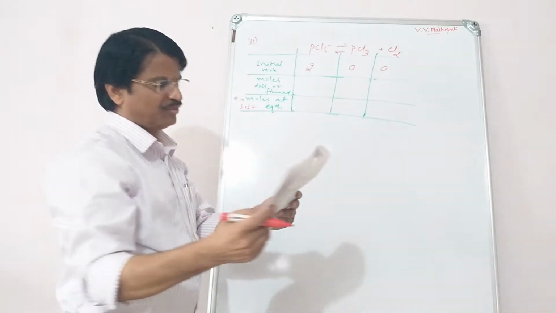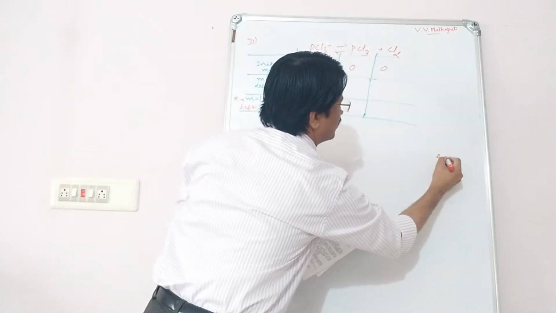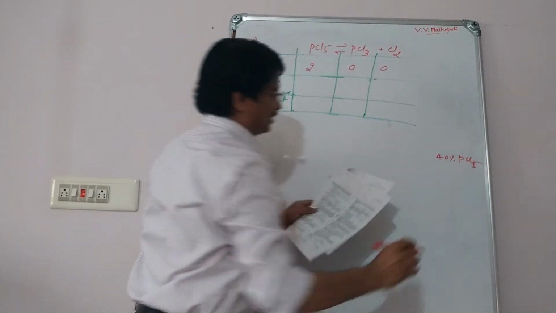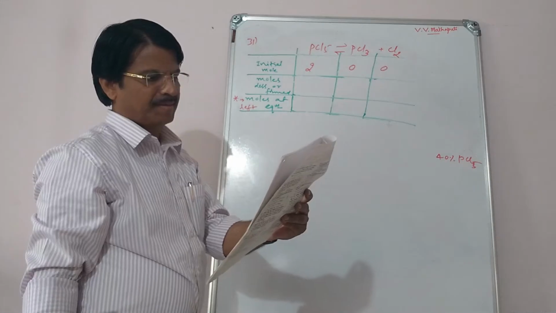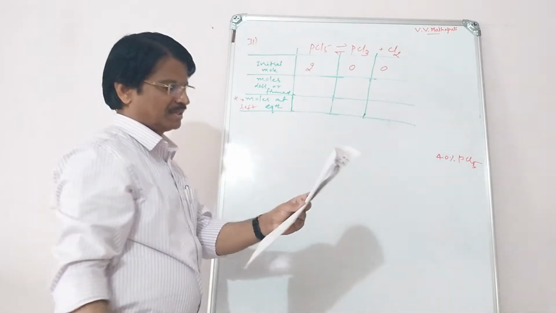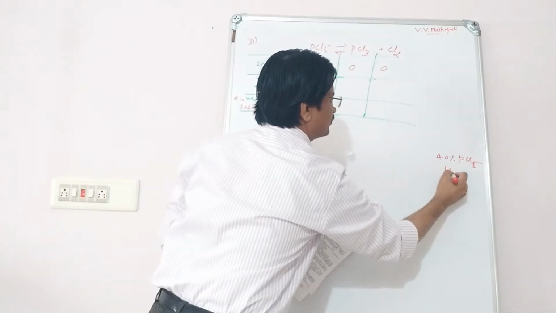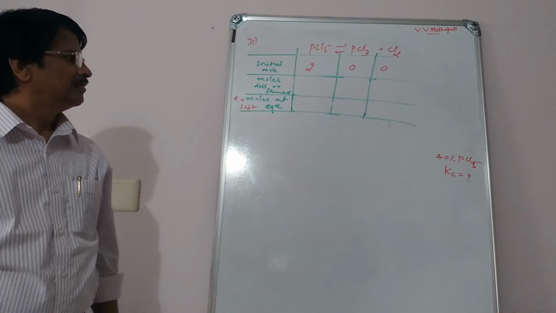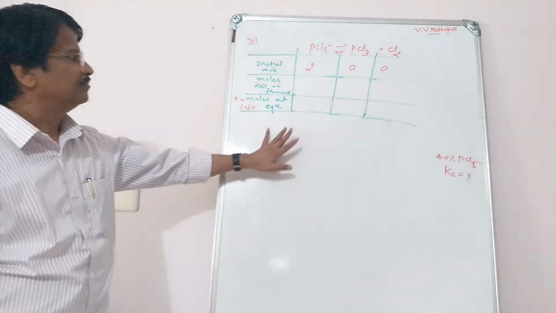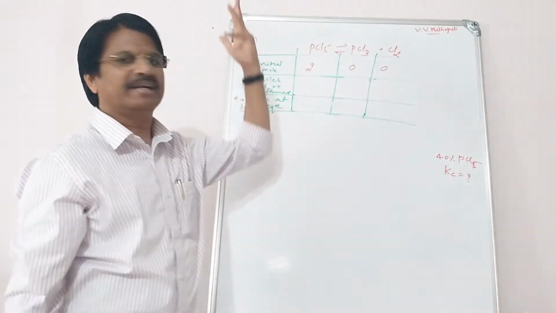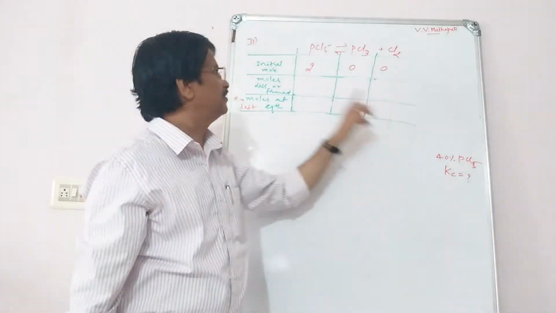Then at equilibrium 40% PCl5 dissociated into PCl3 and Cl2. The value of equilibrium constant K for the reaction is. So in this question, 2 moles are taken in the vessel and heated at constant temperature, equilibrium is attained, 40% PCl5 dissociated.